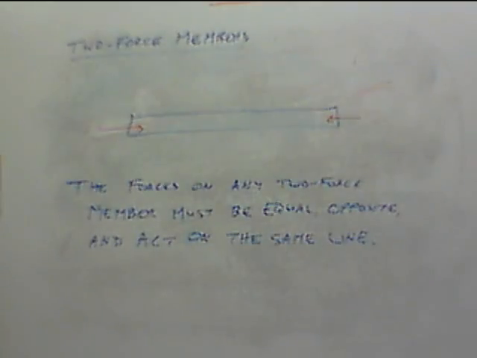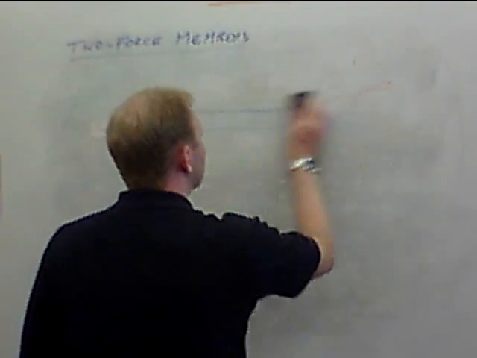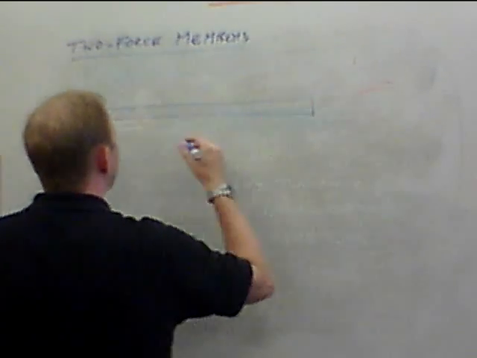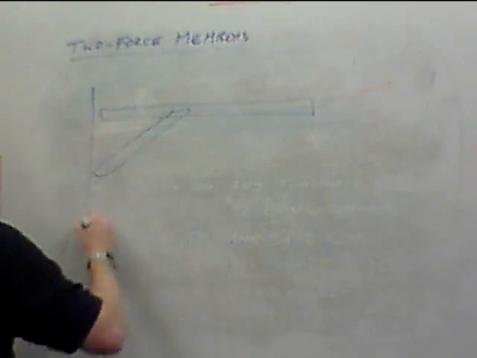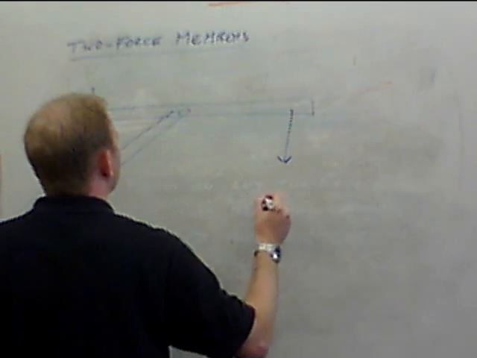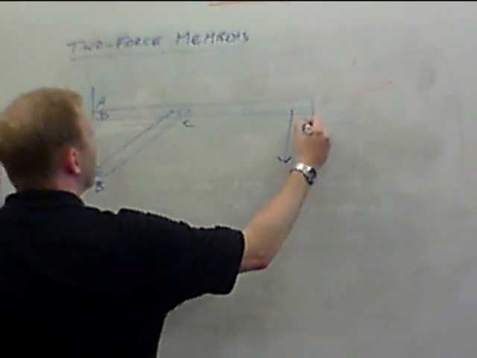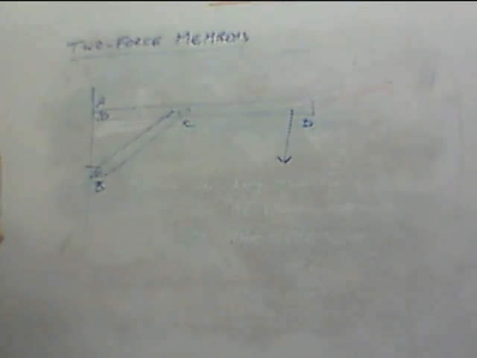That would have allowed us to solve, if you think back to our last problem, when we had our structure that looked like this. We had A, B, C, and D. Beam BC was a two-force member.